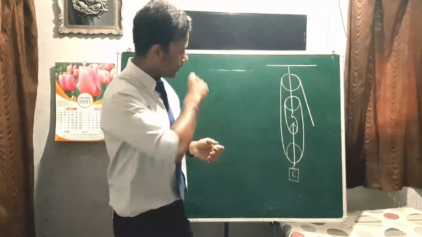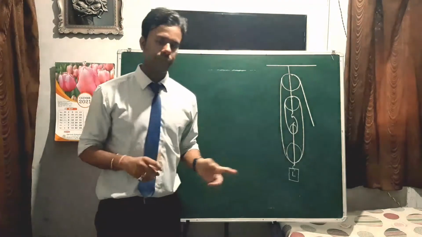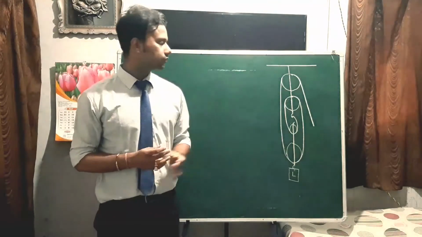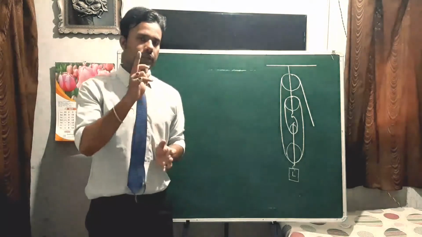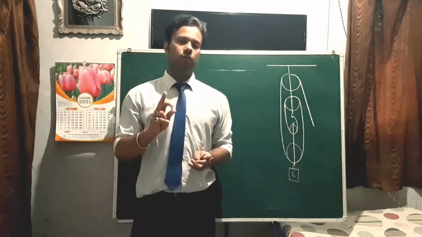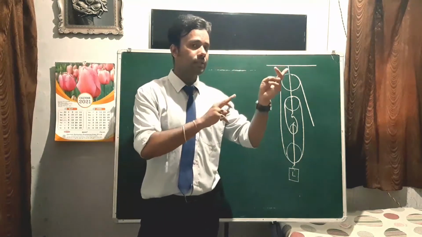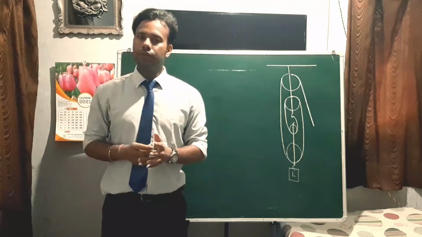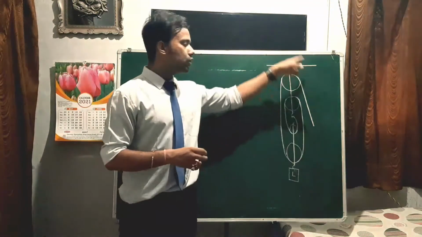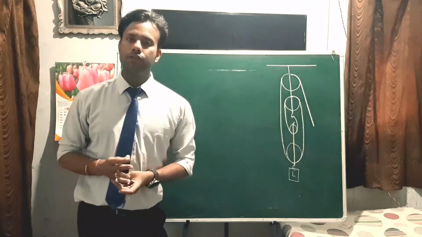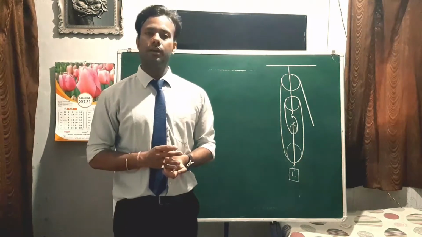Next, first step, connect the string in the pulley, right? Next step, show the tension acting in the string. Now you must have noticed one thing, that I have used one string only. In the previous case, the combination of pulleys, we had taken several strings, but in this case we used a common string. And if you remember, I told you, in a common string the tension always remains the same.